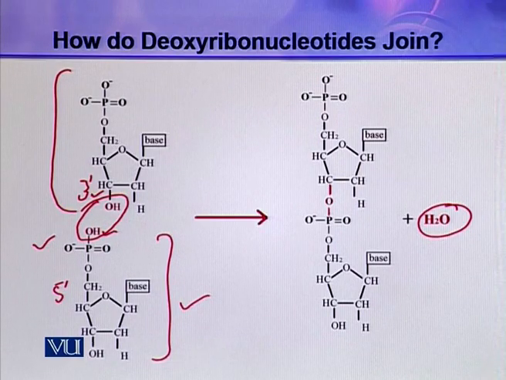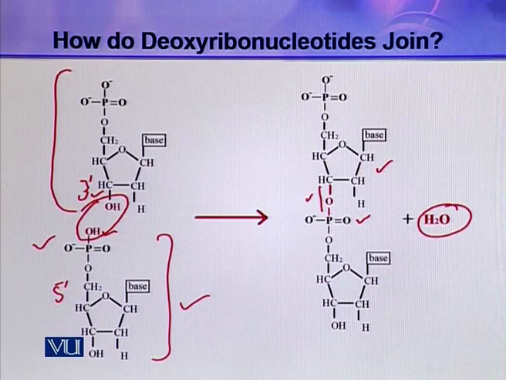So this ester linkage is established between the pentose of one nucleotide and the phosphoric acid of the other nucleotide. One nucleotide is attached through this ester linkage to the other nucleotide.